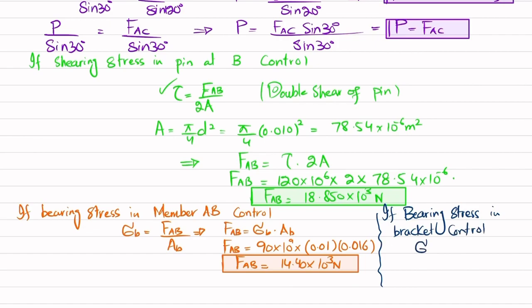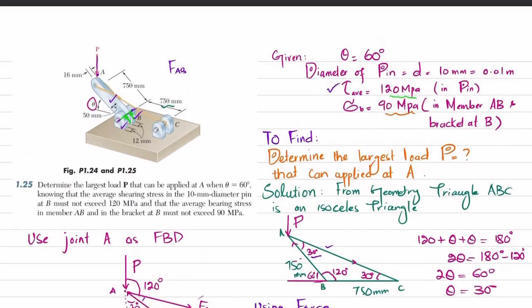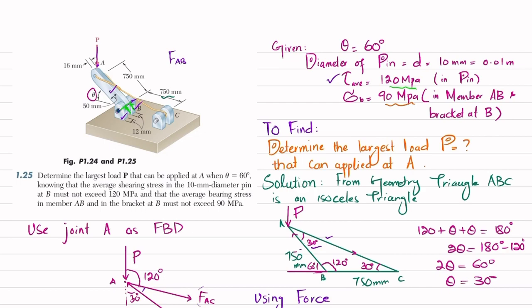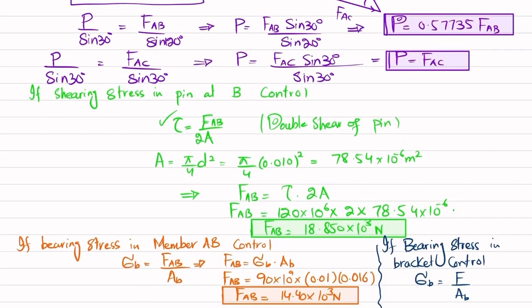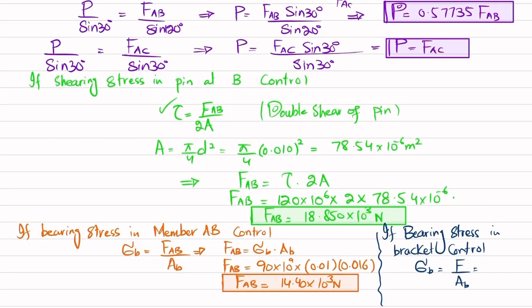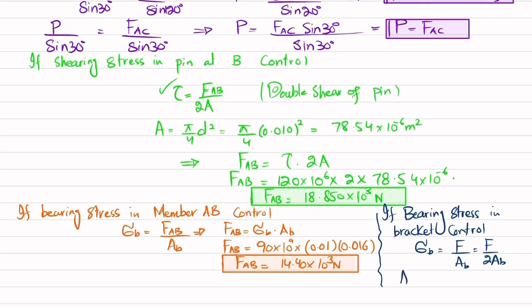So we know that bearing stress is equal to force divided by bearing area. So you can see that we have two brackets, one is this one, another one is this one. So area is 2 times area. So FB divided by 2 times AB. And AB, you can see, is equal to diameter of hole into its thickness.